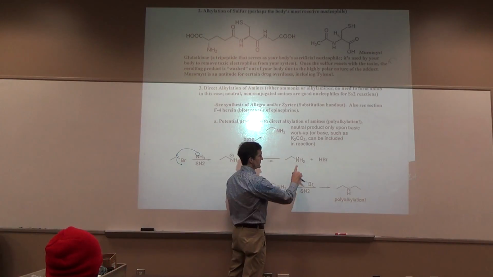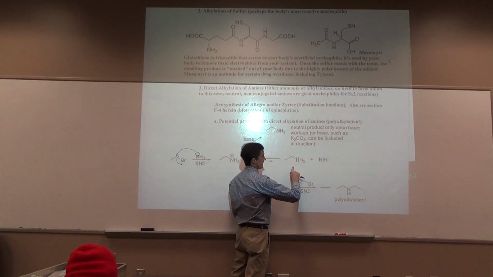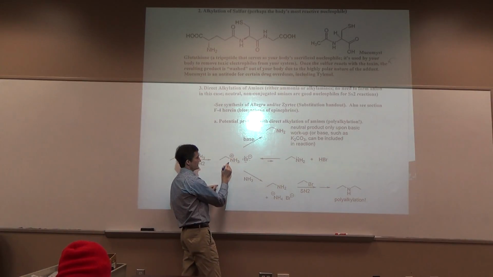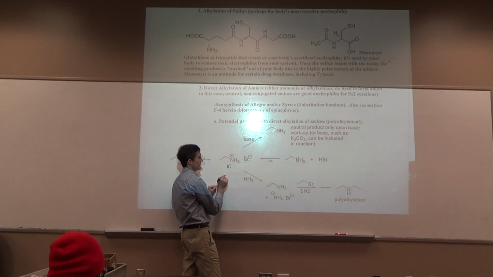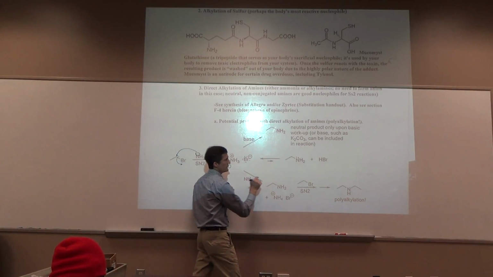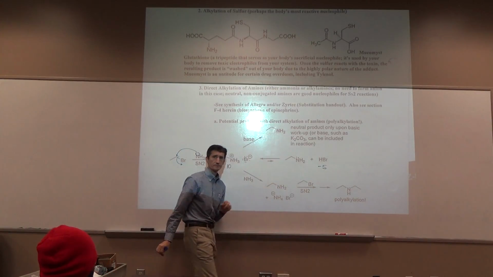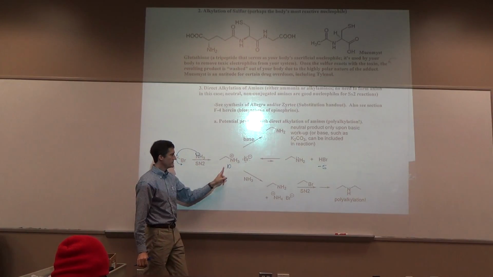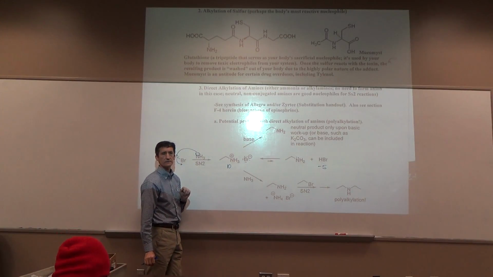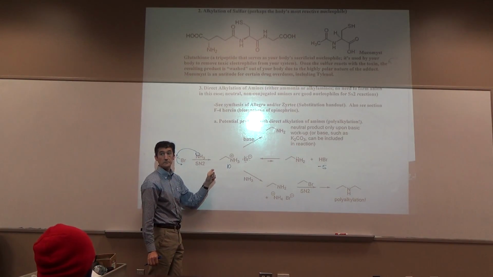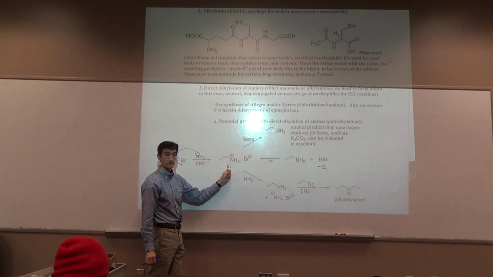But look at this. We're saying we generate this plus HBr. The pKa of this is about 10. And the pKa of this is like -5. It's a strong acid. Which side is favored, 10 or -5? The weaker acid, 10.